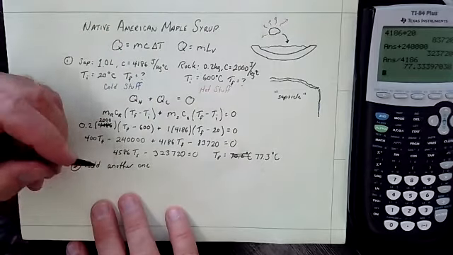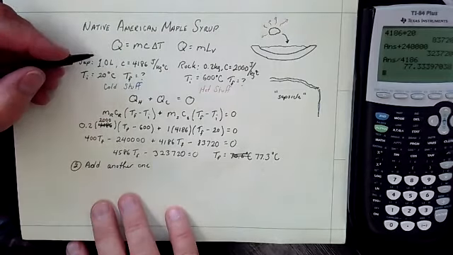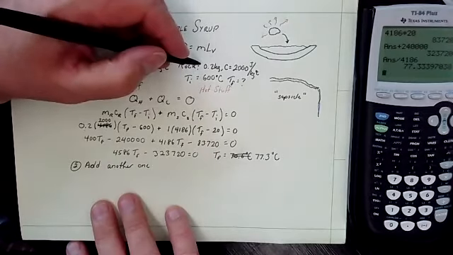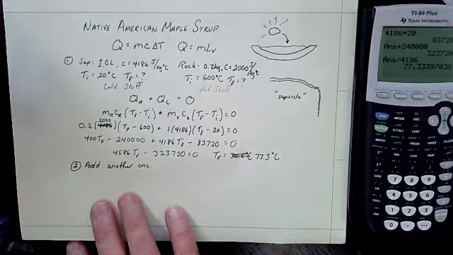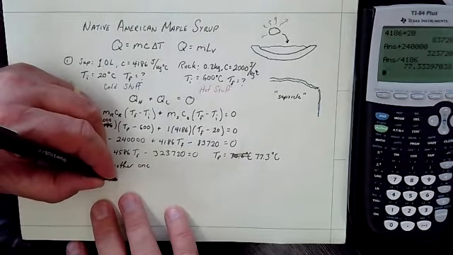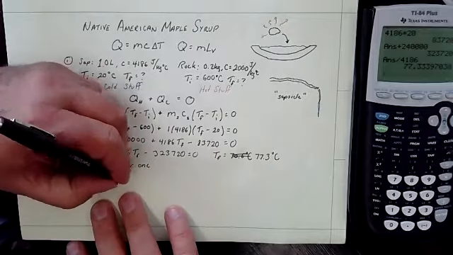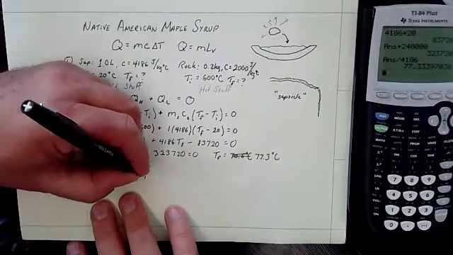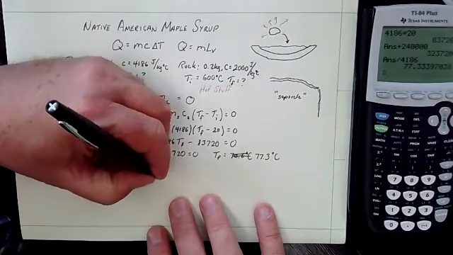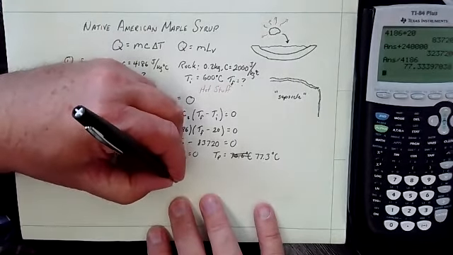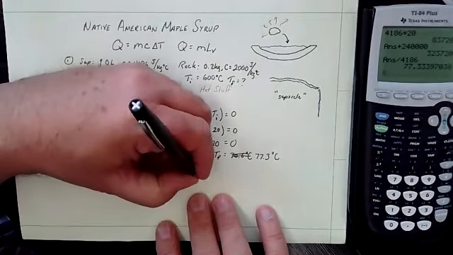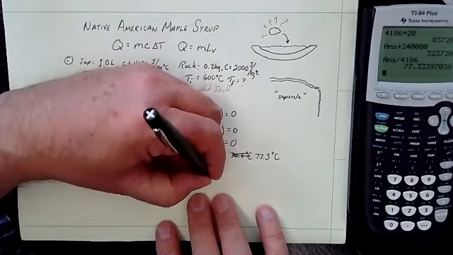So let's go. Mass of the rock, and we'll put in the rock value as being 0.4, and we'll start from 20 degrees again. So MR CR times TF minus TI plus the mass of the syrup and the heat capacity of the syrup times TF minus TI.